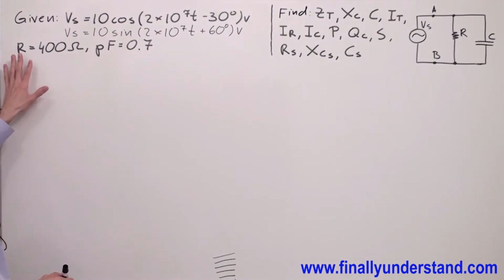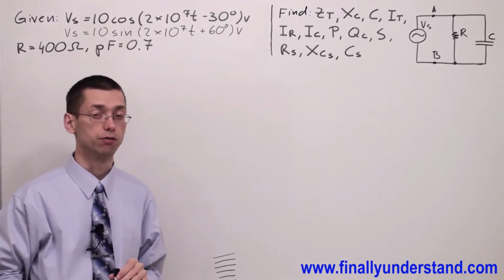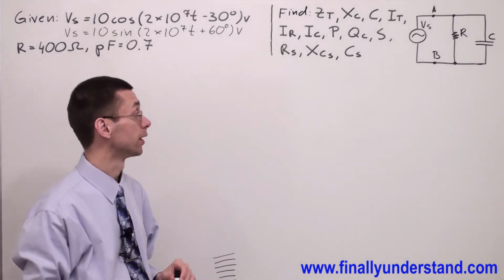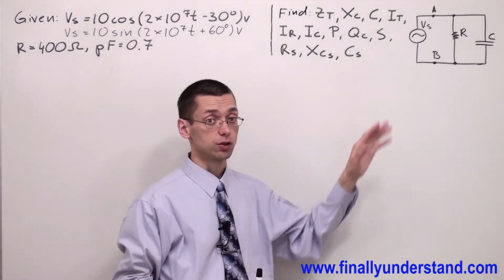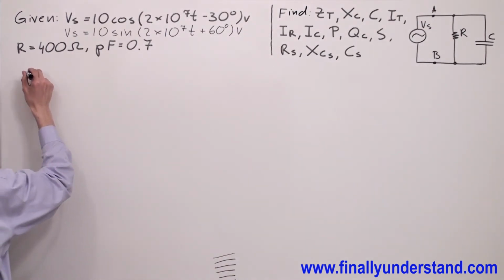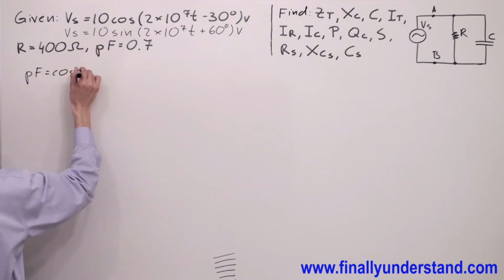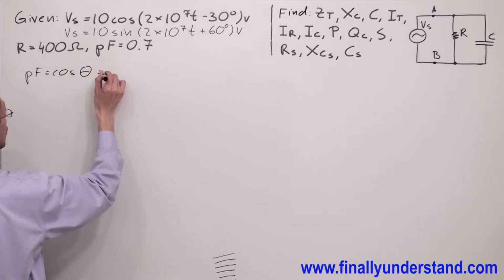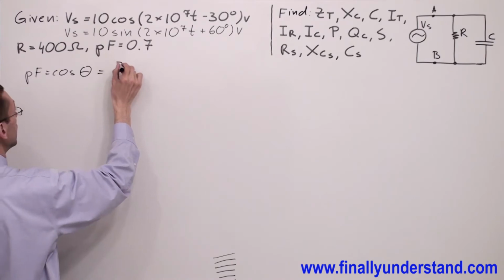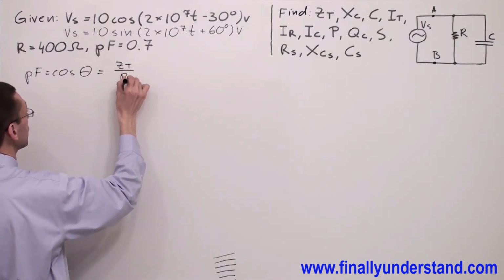Please notice that we have given resistance and we have given power factor. The formula for power factor for the parallel circuit is simply power factor equals cosine theta, and this is also equal Z total over R.